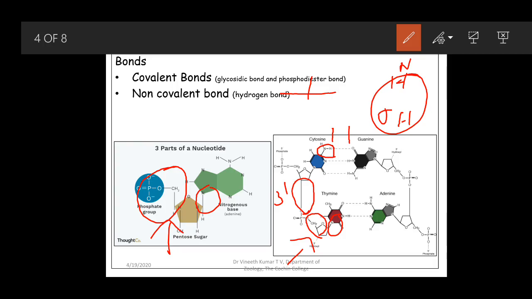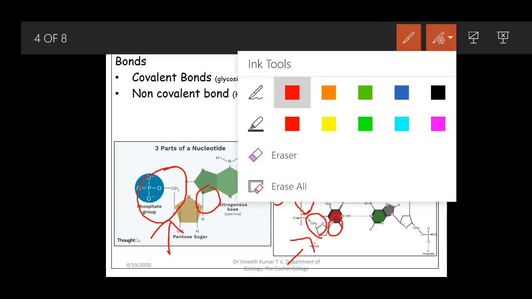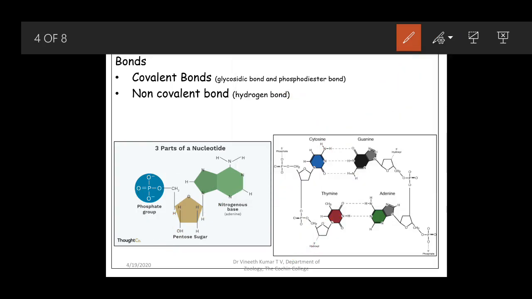That's why we say that cytosine and guanine are linked by three hydrogen bonds, and thymine and adenine by two hydrogen bonds. So this is all about the bonds present in nucleic acids: covalent bonds as well as non-covalent bonds, which are the hydrogen bonds.